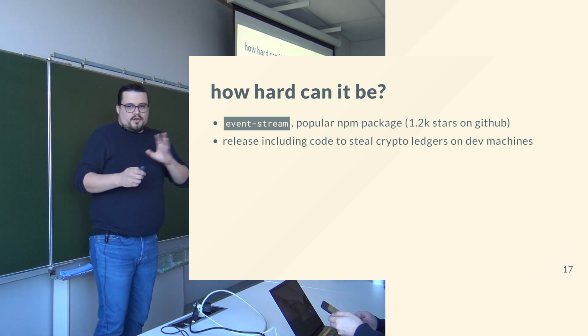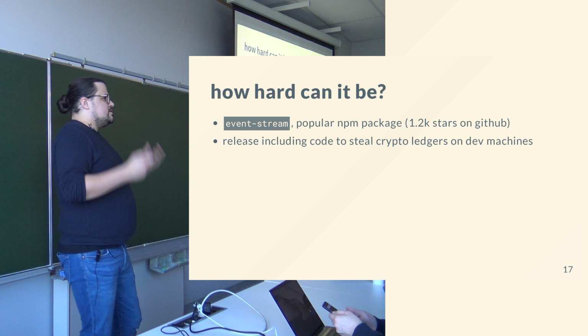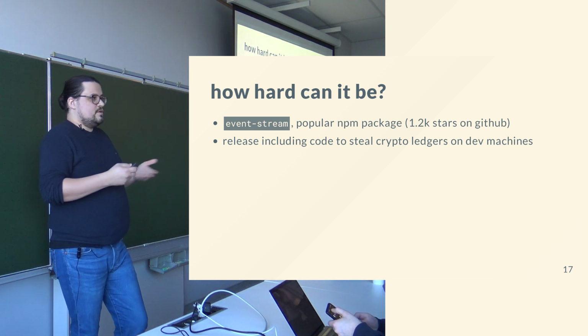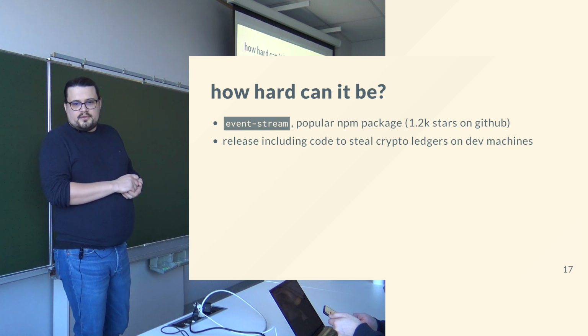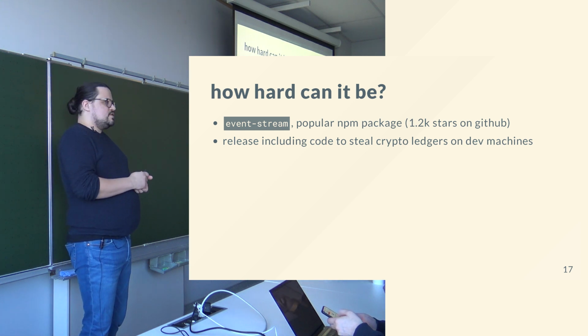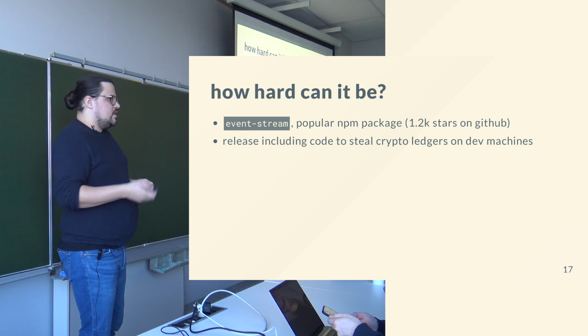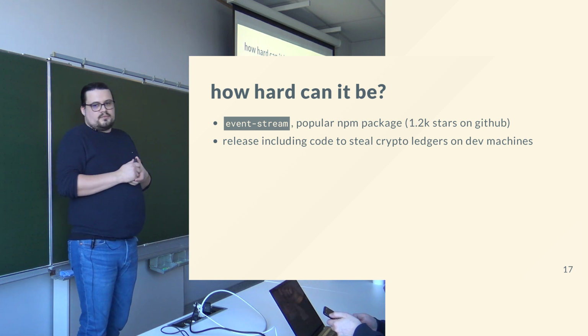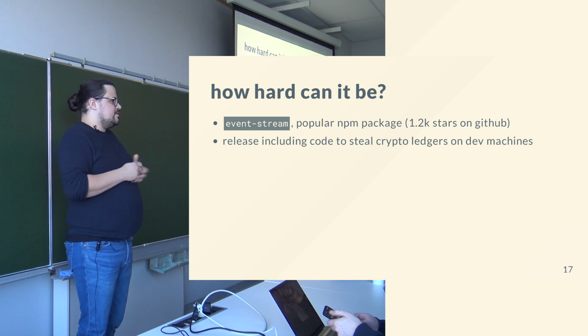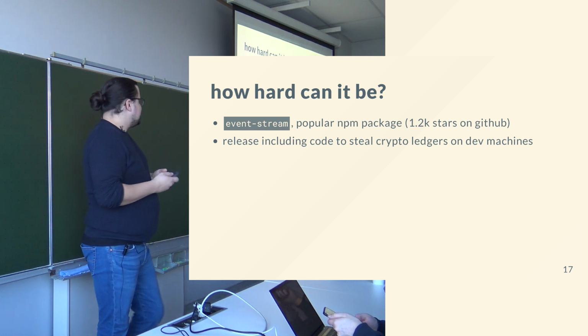So just to give you a simple example of how easy it can be to compromise a dependency used by a lot of people, that's something that happened on EventStream, a popular NPM package with more than 1K stars on GitHub. And one release was published including code to steal crypto ledgers on developer computers.